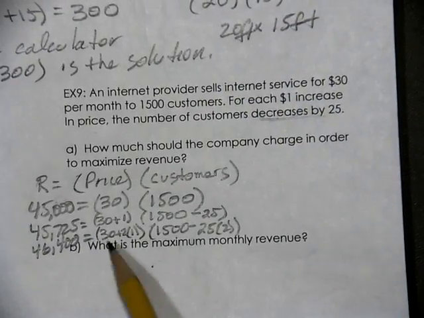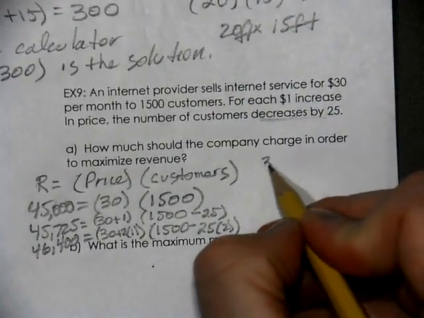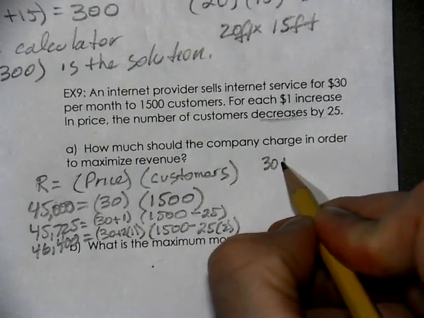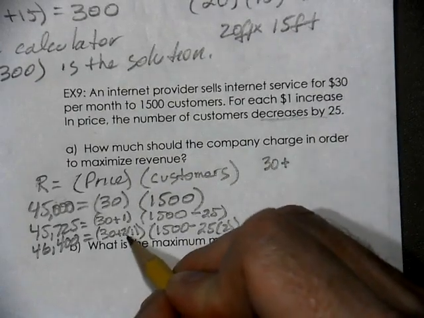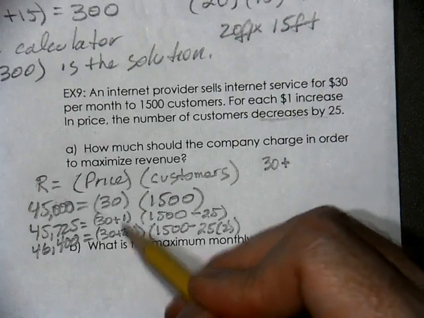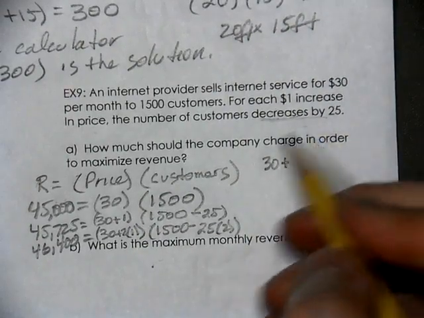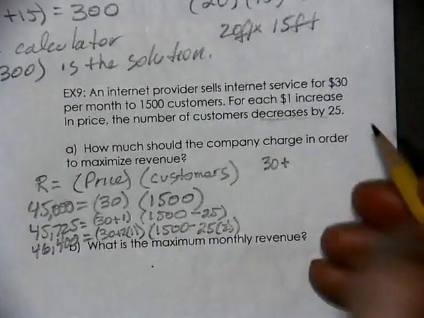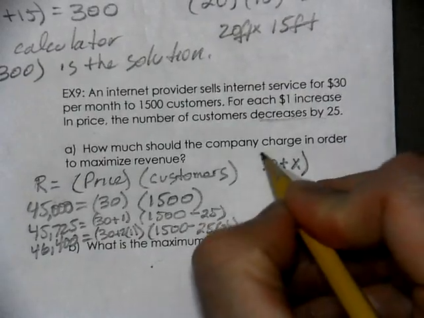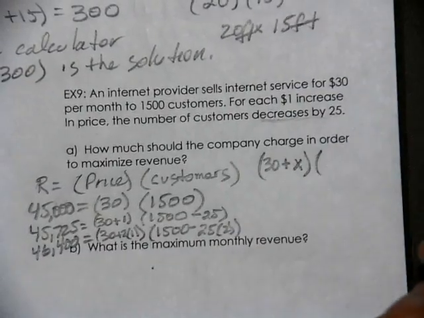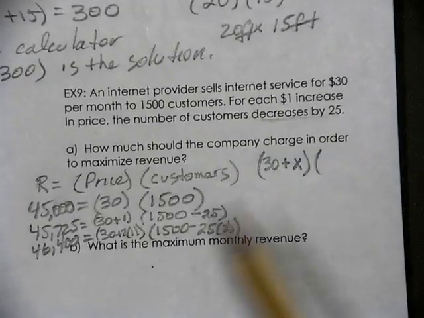So now you can see the equation being developed. 30 plus, it's $1 times X. So 30 plus X. Let me say that one more time.